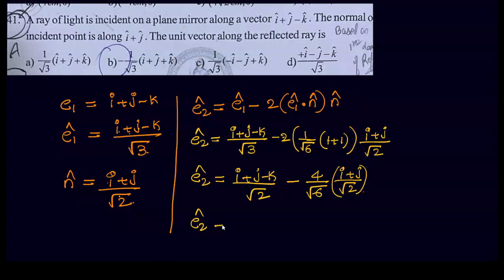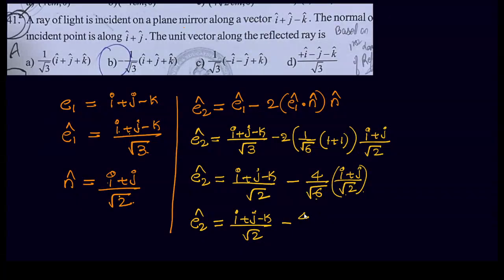Check the cancellations. Root 6 into root 2, so root 12. Root 12 means we can write 4 into 3.